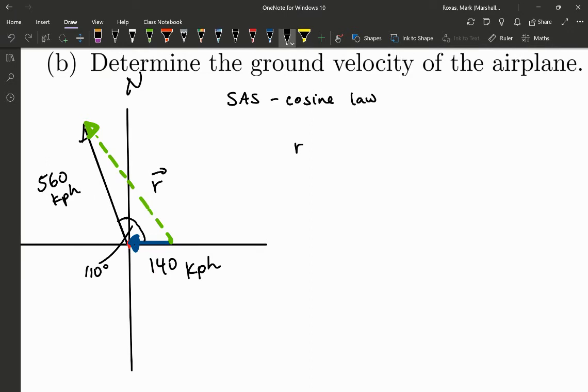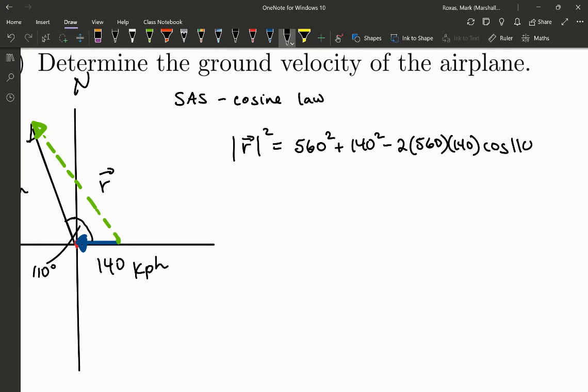And so the cosine law says the resultant vector magnitude squared is equal to the sum of the squares of the other two sides, 560 squared plus 140 squared, minus 2 times 560 times 140 times the cosine of the angle between them, cosine of 110 degrees.